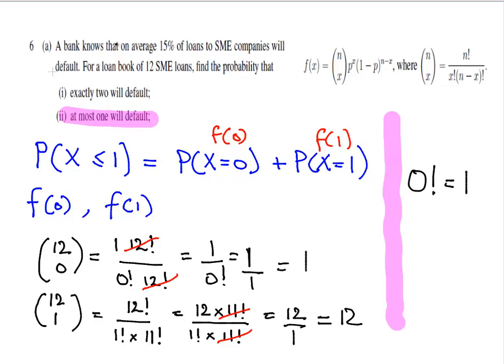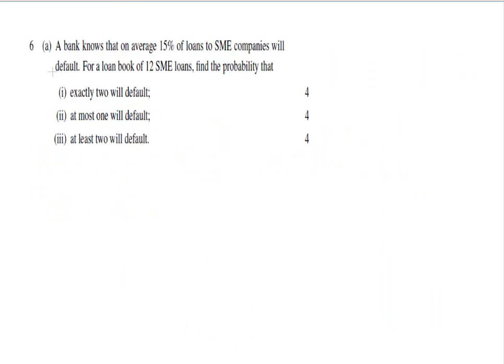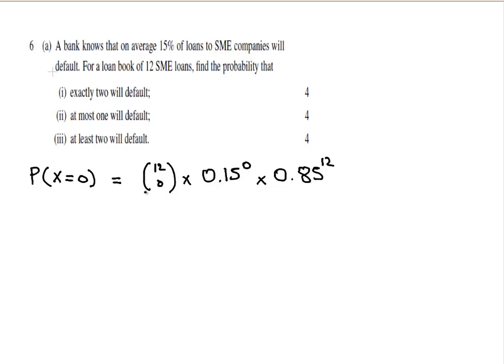So we can move on to the next slide now. Let's continue with what I was doing there. The probability of x equal to 0 is equal to 12 choose 0 times 0.15 to the power of 0 times 0.85 to the power of 12.